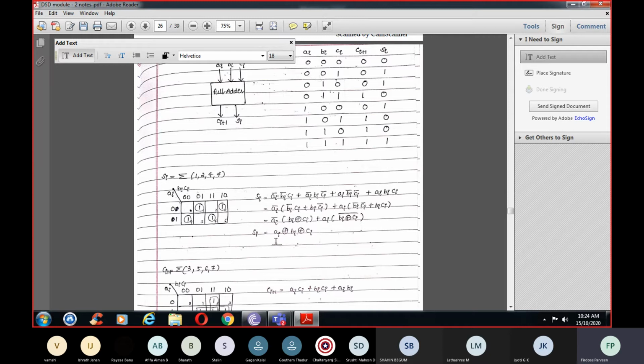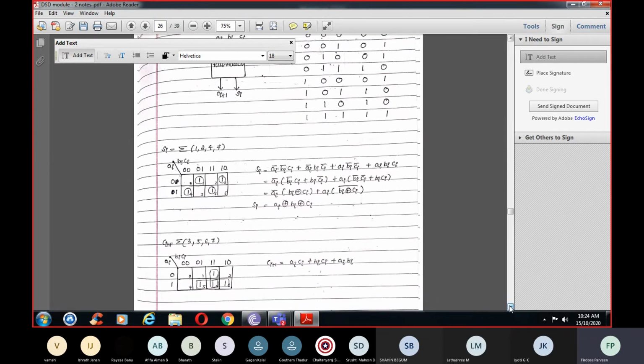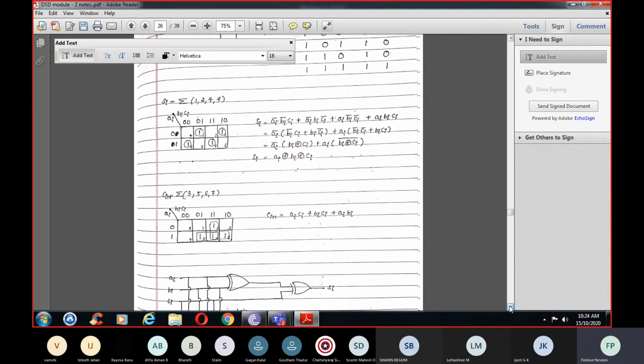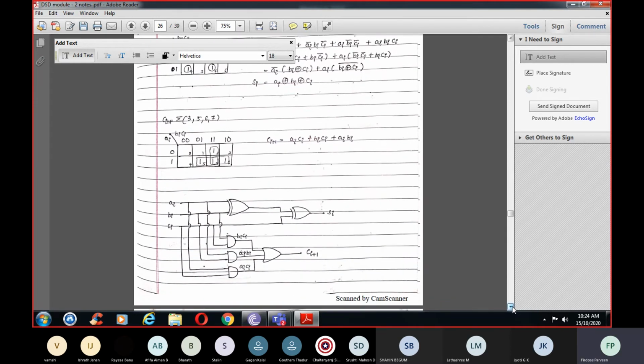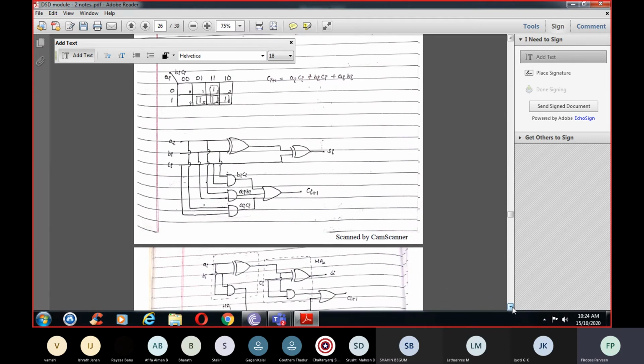In the same way, C_i plus 1 is equal to summation 3, 5, 6, 7. For this one, again write the K-map and get the equation. And you can design the circuit as given here.